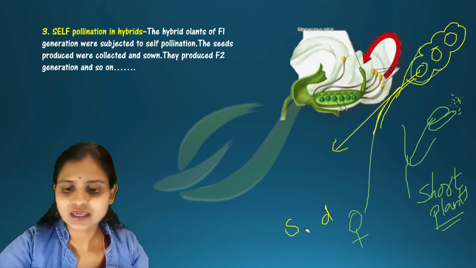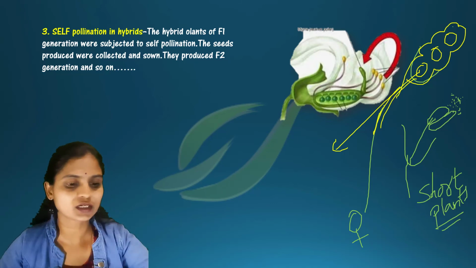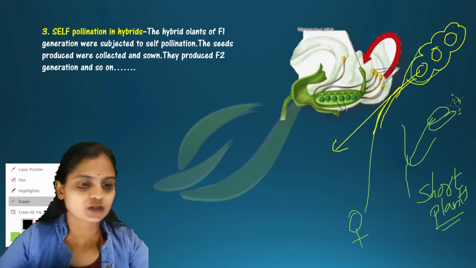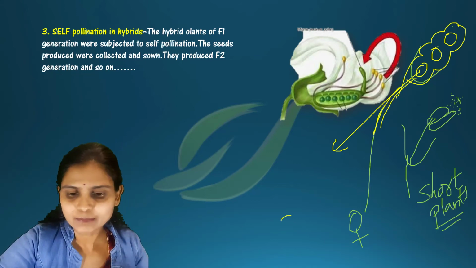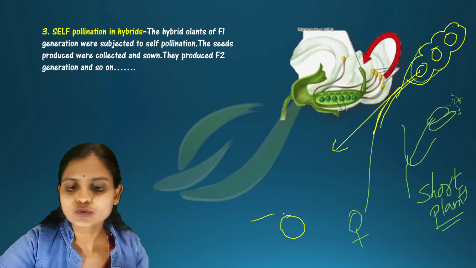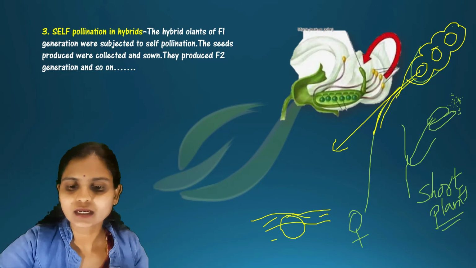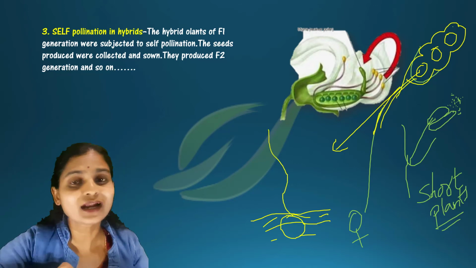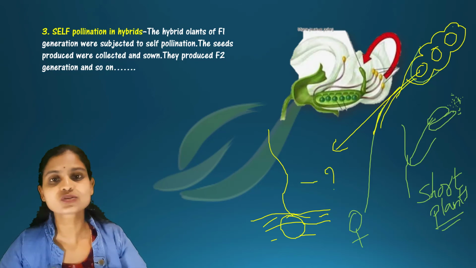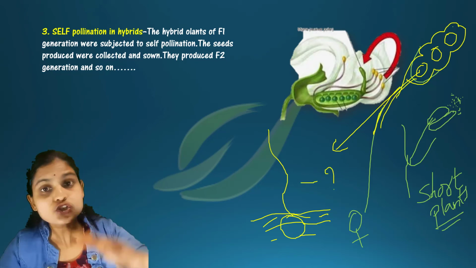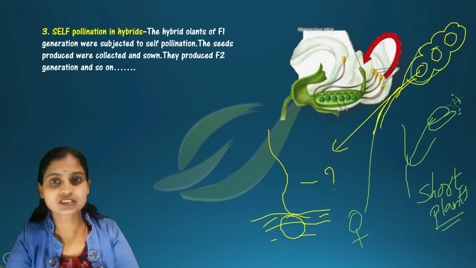I'll draw it a little smaller here. This is a hybrid seed. If you sow it, the seed later develops into a plant. Now the question is whether this plant grows tall or short, because both the genes are mixed.